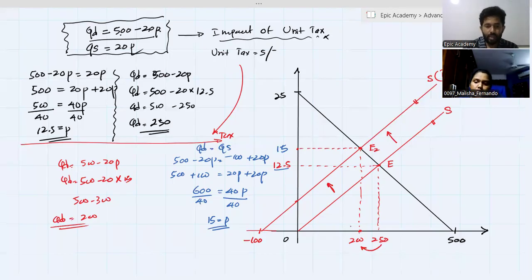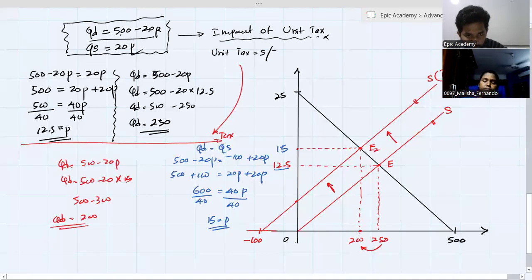And the equilibrium price increases to 15. And what happened to the equilibrium quantity? It reduced, from 250 to 200.